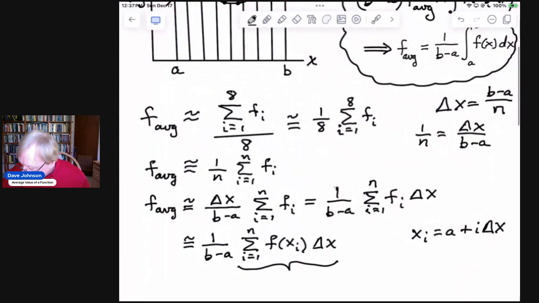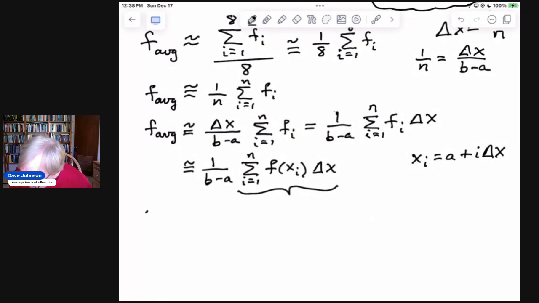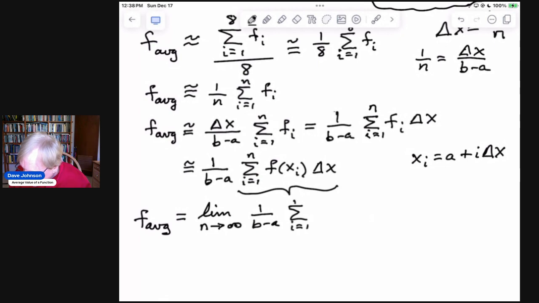And so I can remove the approximately equal, and I can say f average is actually equal to the limit as n goes to infinity of 1 over b minus a times the summation i equals 1 to n of f of x sub i times delta x. Now, some people will put a little star as a superscript on the x sub i.